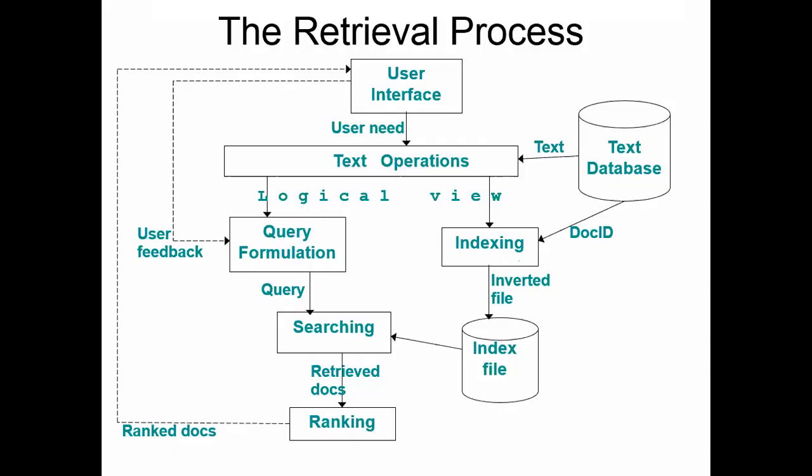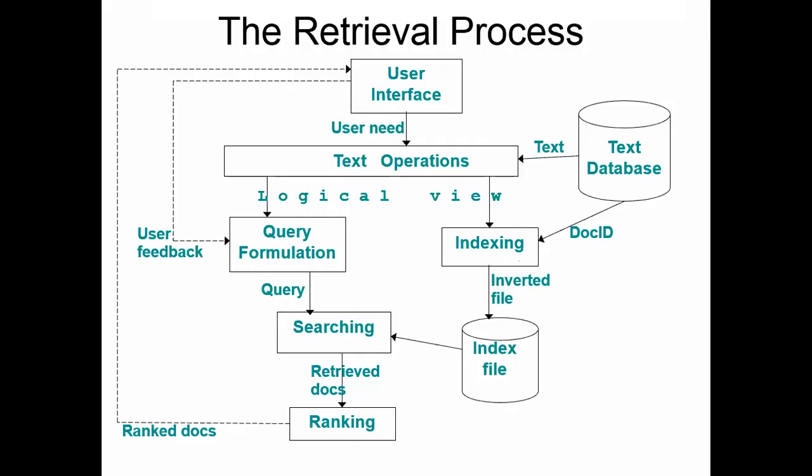We have to make them ready for searching. If there is no indexing, there is no searching. If there is no searching, there is no indexing. So they are interrelated. Even if the retrieval system has two subsystems, those subsystems are interrelated to enhance the effectiveness and the efficiency of the information retrieval system.